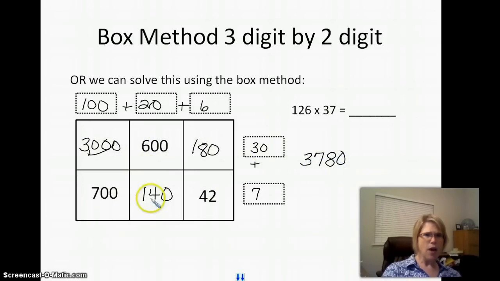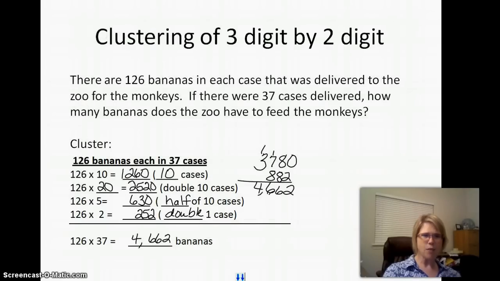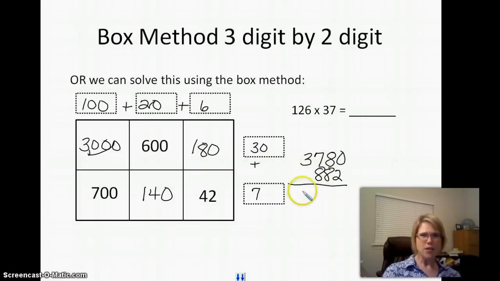And in this row I have 882. And if you remember, it's exactly what I was adding in the last slide. And so we do get the same answer of 4,662.